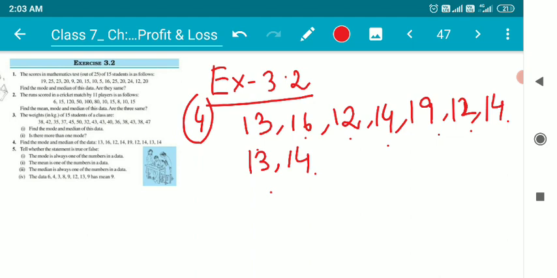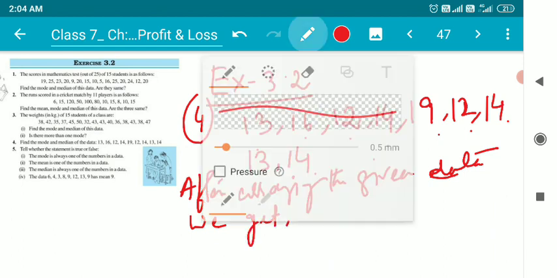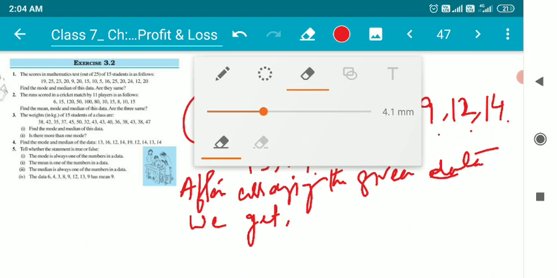Okay children, it is better, let us arrange the data. So after arranging the given data we get... Let us arrange the data in a proper way.